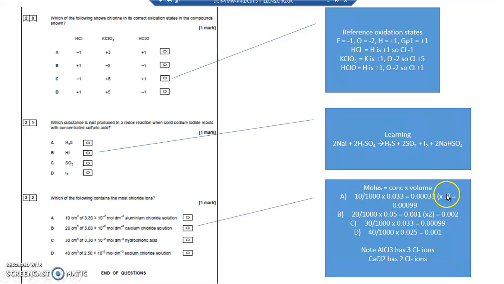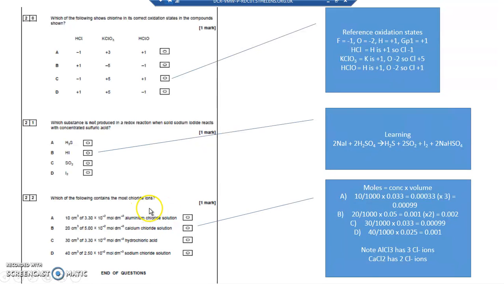Okay, so why have these two got a multiplied by 3 and a multiplied by 2? Well, you need to know the formula of each of these. Aluminium chloride, Al is in group 3, so going to form 3 plus ions because it'll lose 3 electrons. If it's in group 3, it's got 3 in its outer shell, wants to lose 3, so it'll become 3 plus. Cl is in group 7, so it wants to gain 1 electron, so it'll form Cl minus.